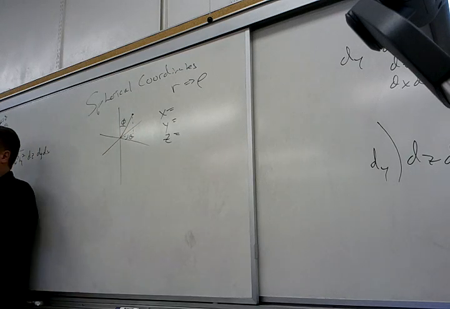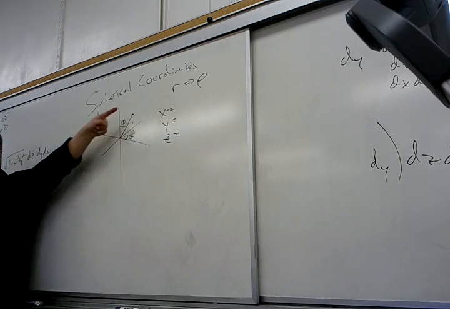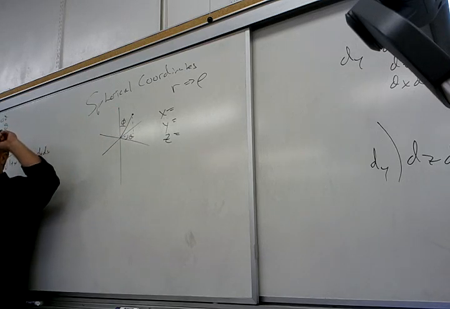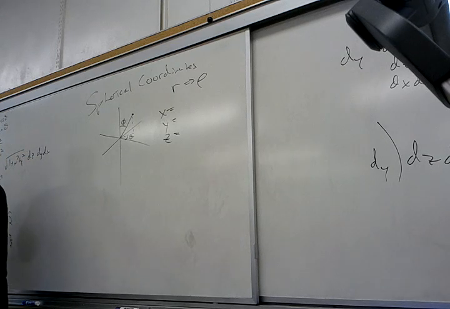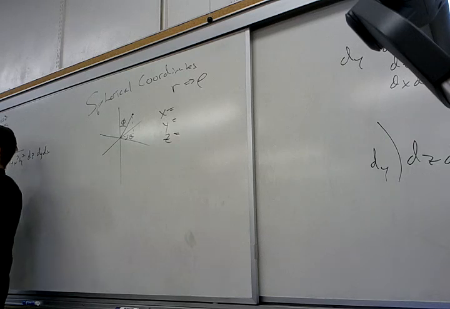And phi is the angle between the z-axis and the line that I'm talking about, the position vector for that point. You see that? So I certainly could tell somebody, all right, turn this way, now turn that way, now go this far out. That's basically what this is doing. Turn that way. That last one is going to be that angle that takes me out of the plane.